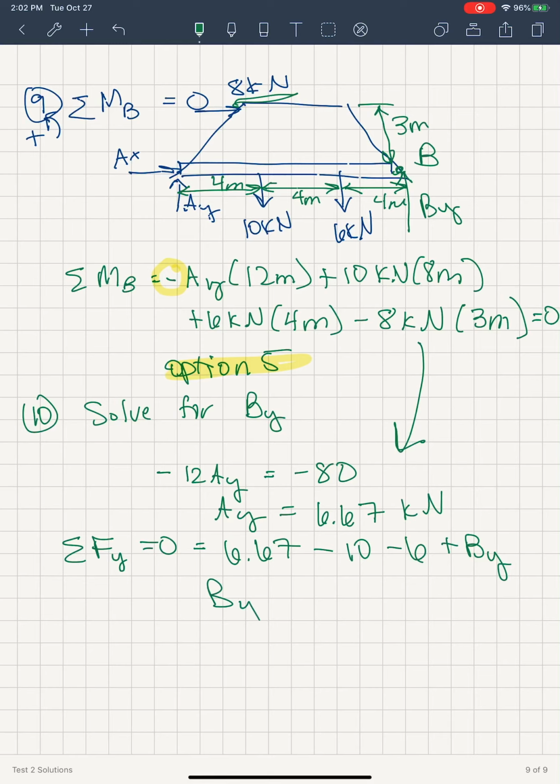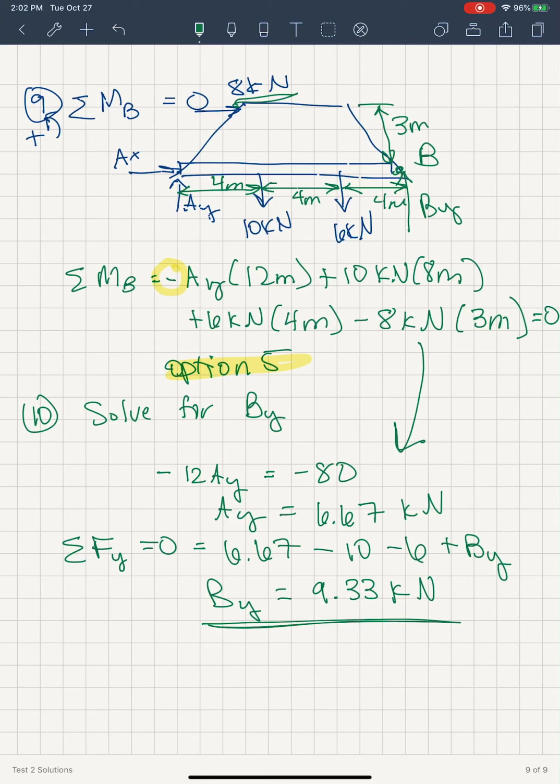So BY equals 9.33 kilonewtons. And it said use at least 2 significant figures.